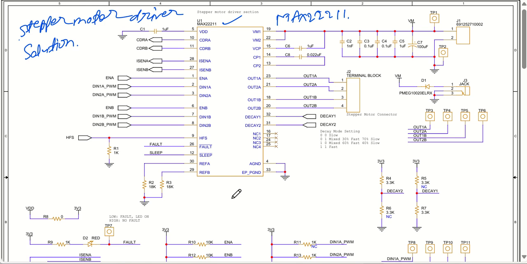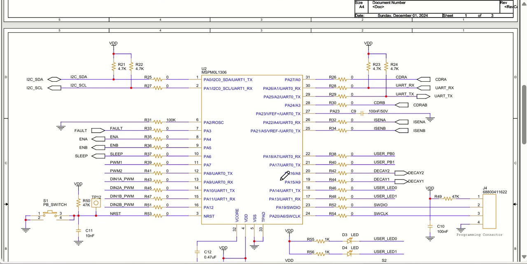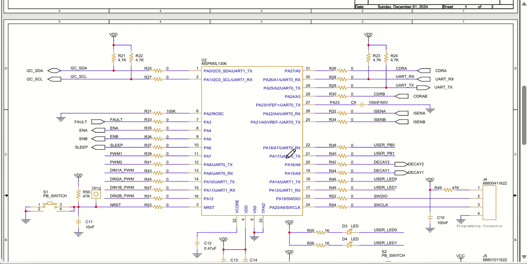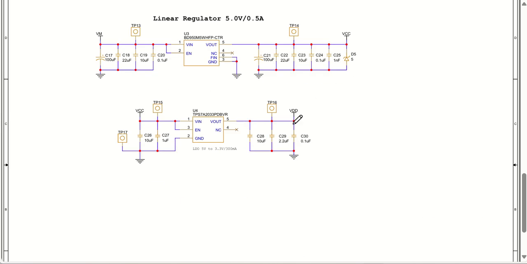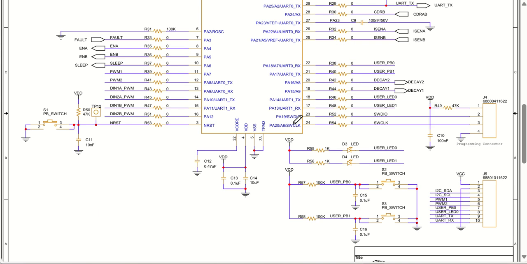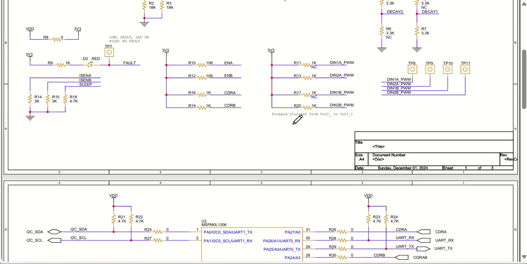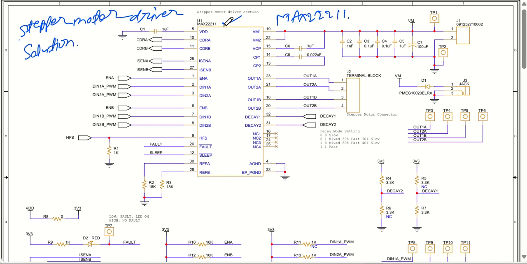We have developed a standalone solution using this IC, with the microcontroller section and the power supply section, everything together. So in one board you will be able to develop and define your stepper motor driver. Let us quickly understand what we are going to do in this.